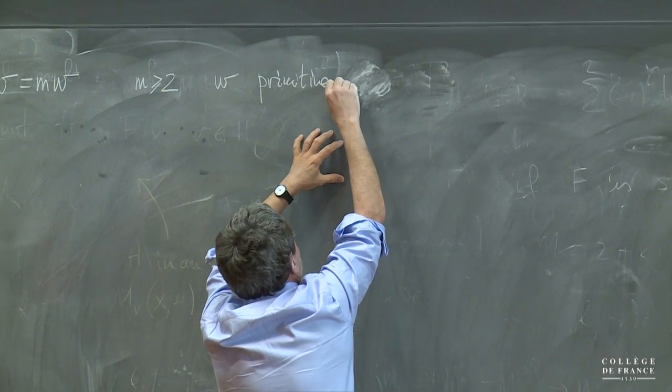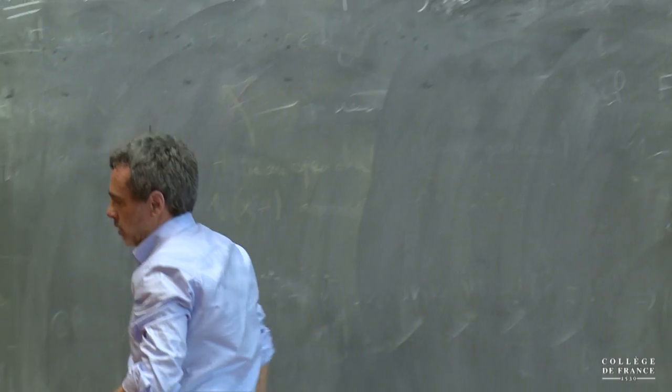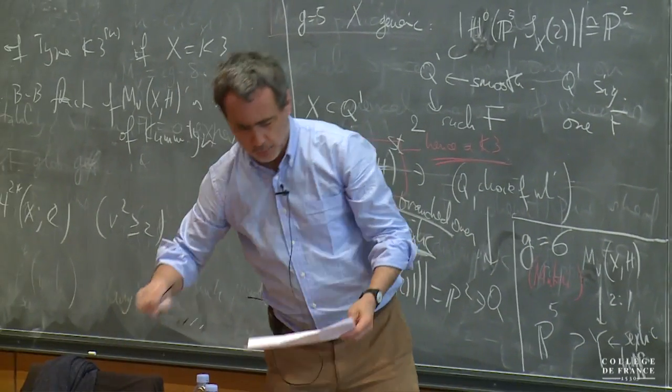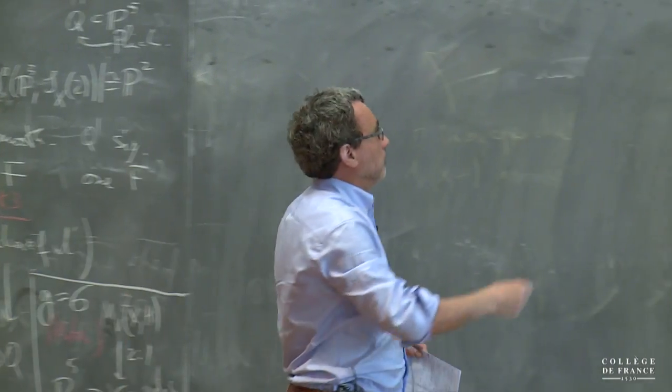And we don't want to have trivial cases, so we get V squared bigger than 0.